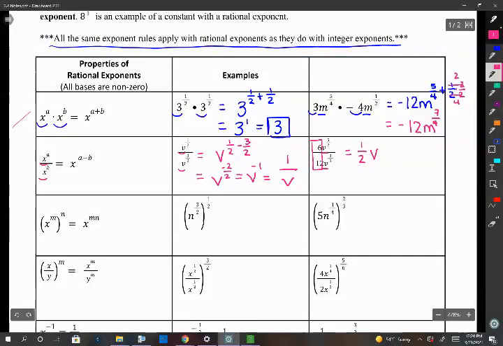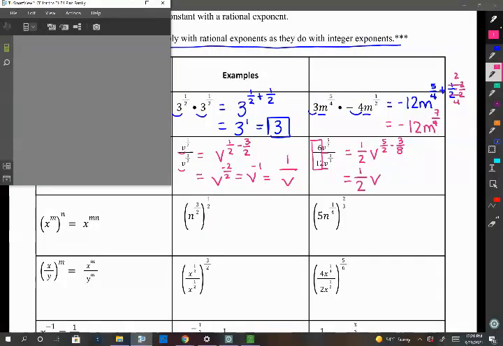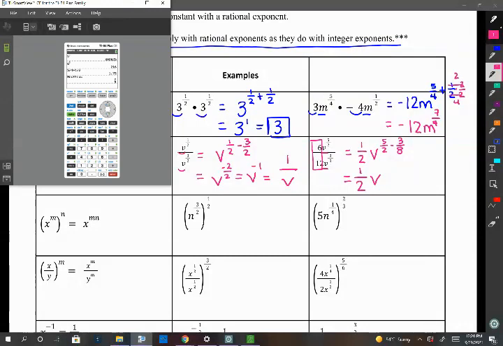And then you have v, and we take the top exponent and we subtract the bottom exponent. Again, we can do that by hand or we can use our calculator. I know a lot of you guys aren't great with the fractions, so we might want to use your calculator.